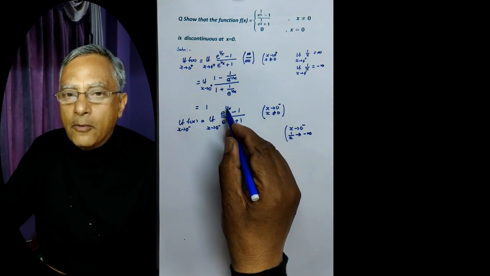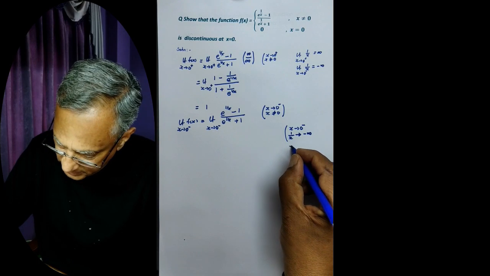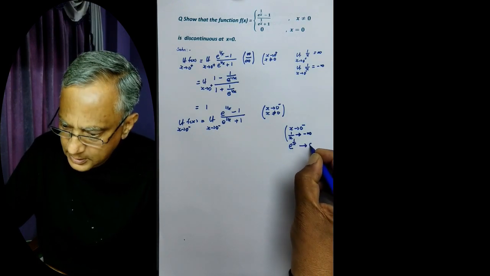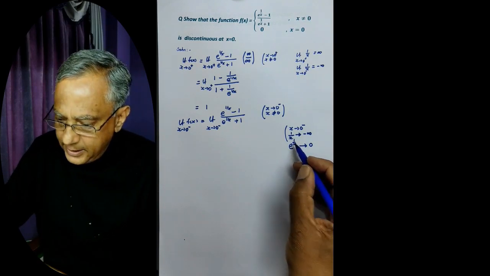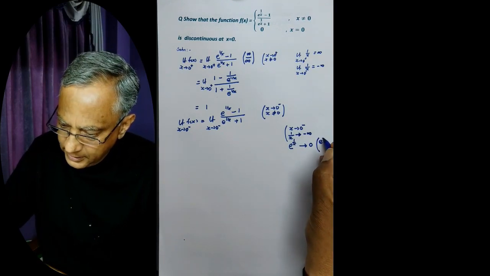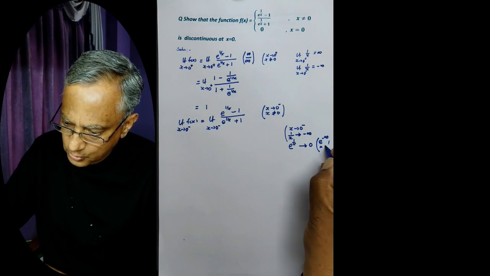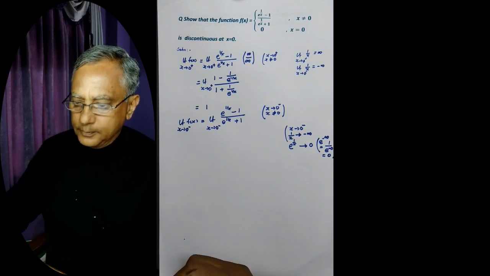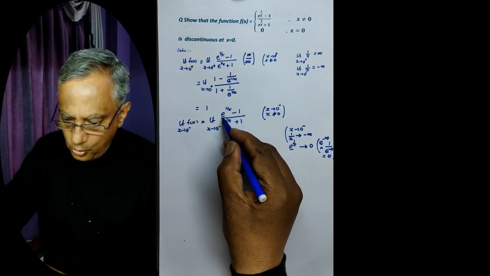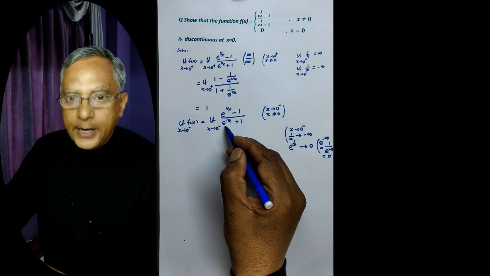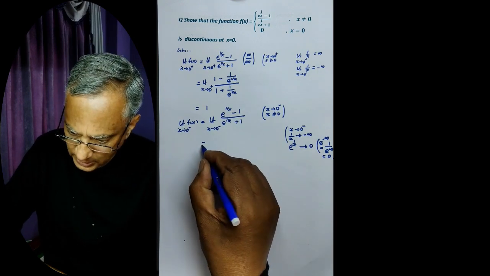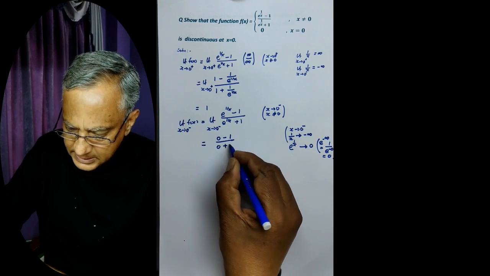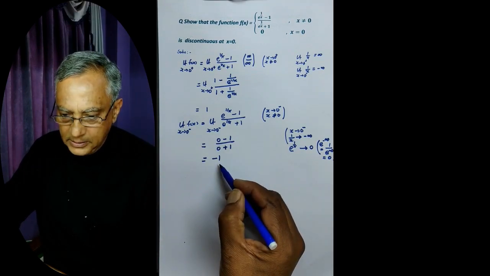So this will be e to the power of minus infinity, so e to the power of 1 by x will approach 0. E to the power of minus infinity is 1 over e to the power of infinity, which is 0. So this will tend to 0 and this will also tend to 0. And so the answer will be 0 minus 1 over 0 plus 1. So the answer is minus 1.